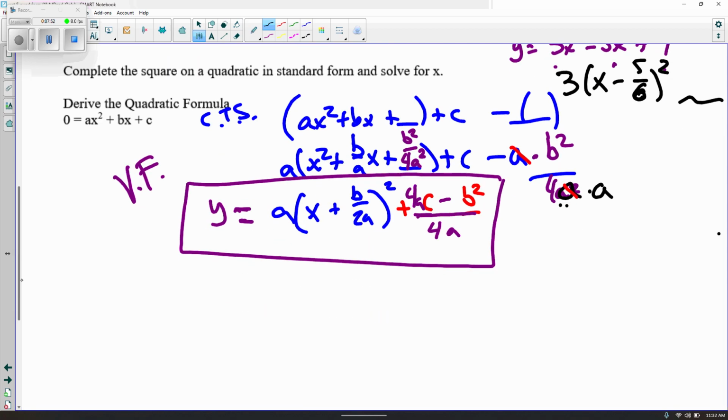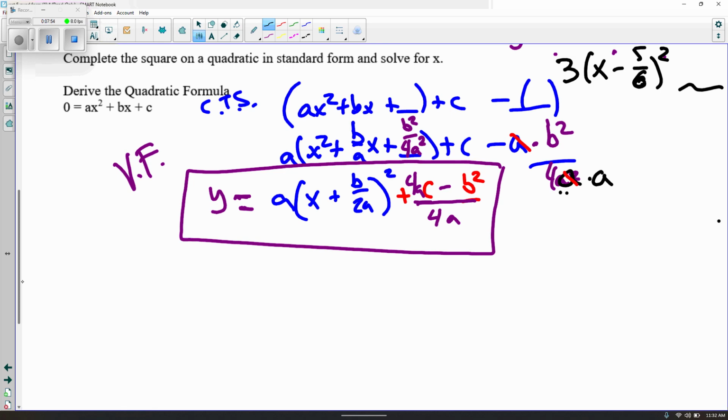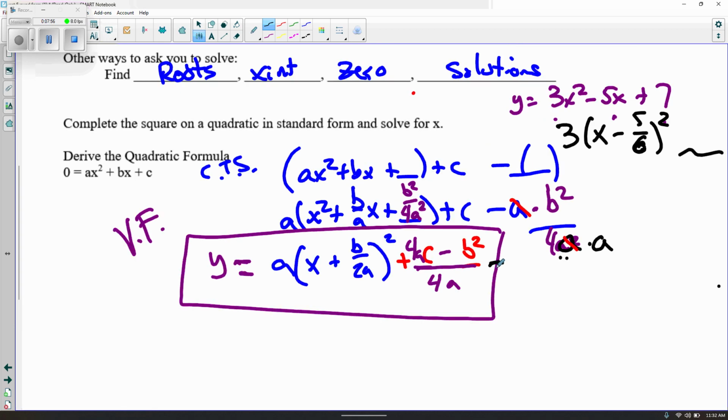So now, to solve this, we have to set it equal to what? 0. So what are we going to do with this whole thing? You got to move it to the other side. You got to subtract it, okay? So that is going to turn into this real quick. I'm going to save a little bit of space.